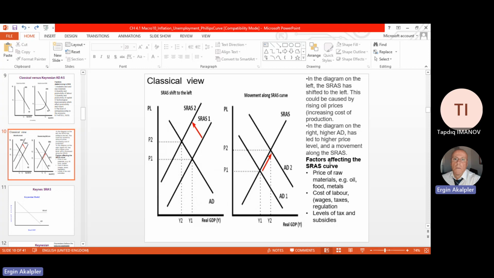And the factors which are affecting the short-run aggregate supply curve are the price of raw materials, such as oil, food, metals, and the cost of labor, wages, taxes, and regulations are also important in this direction. The level of tax and subsidies comes into the issue, because when you reduce the tax level, this will also reduce the cost of production, because they don't have to pay too much to the government, and this will then increase the profit rate for the producers.